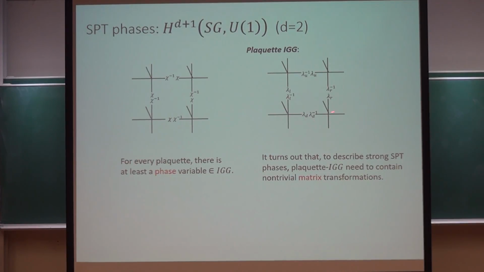But if these lambdas are matrices, then this tensor has to be rather special to satisfy this invariance, because I will require, for example, this tensor to be invariant under this lambda L inverse here and the lambda D there. So you have to live with some subtleties. But it turned out that I need this in order to describe strong SPT phases. Again, remember, I have many plaquettes. So what you really should imagine is that for every plaquette, there's such a kind of IGG, a matrix IGG.